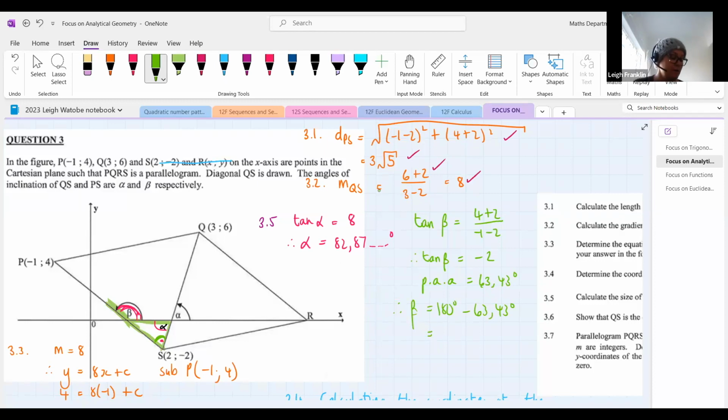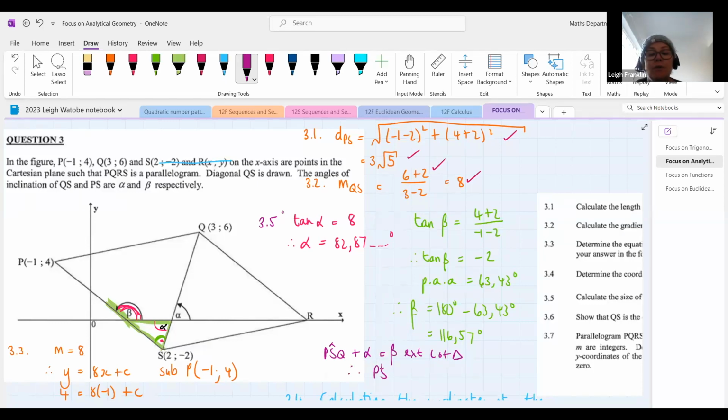So beta is 116,57. Now I can say that angle PSQ plus alpha equals beta because of the exterior angle of a triangle.